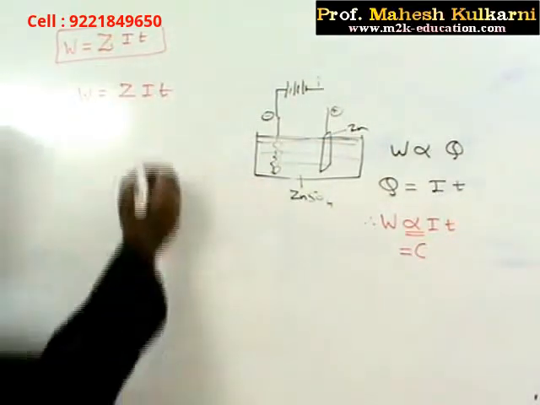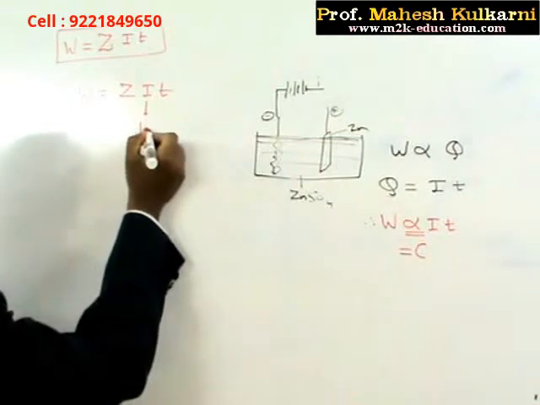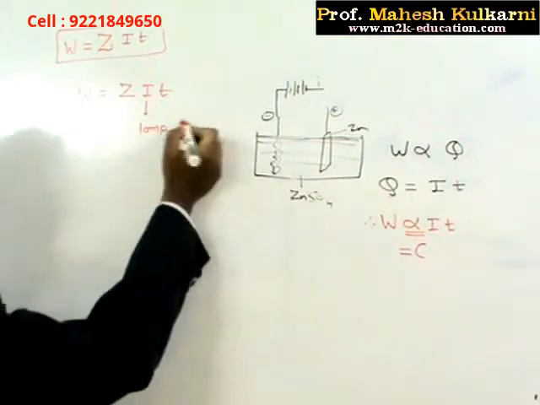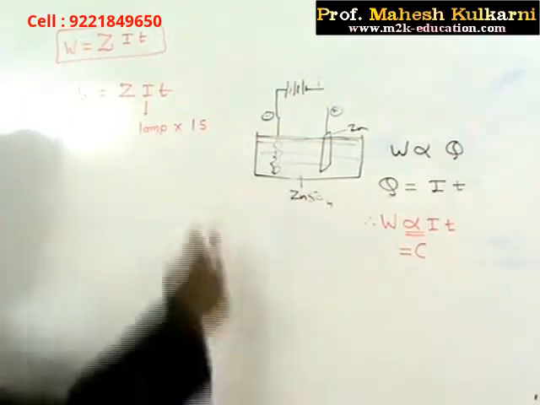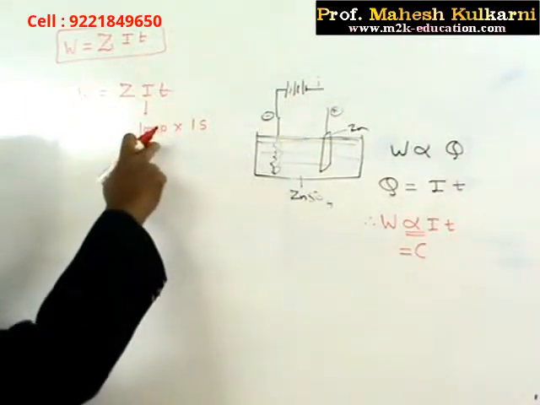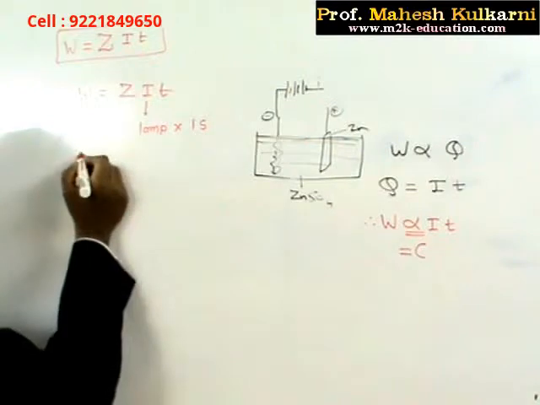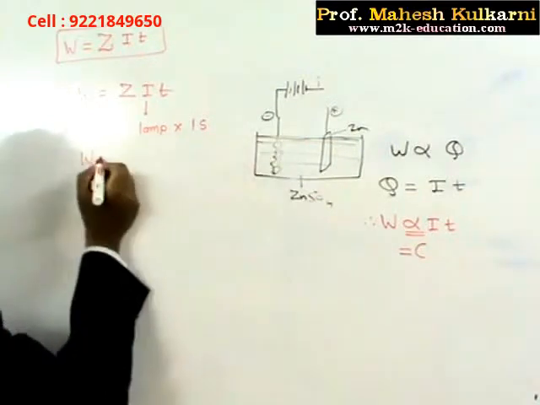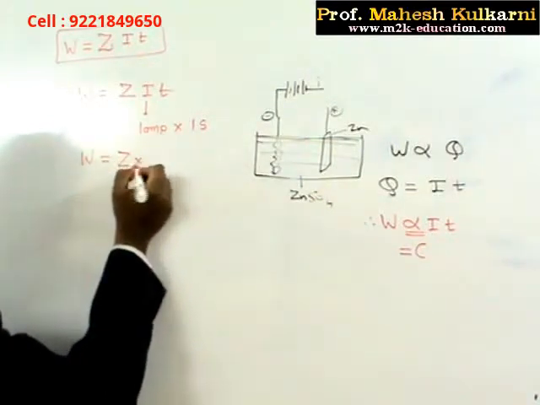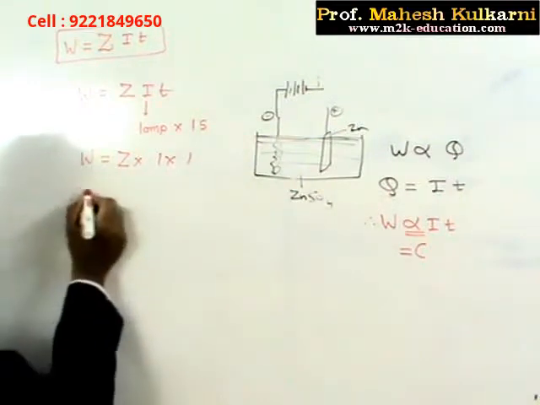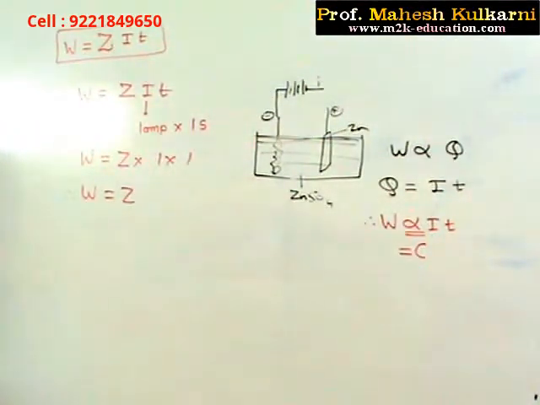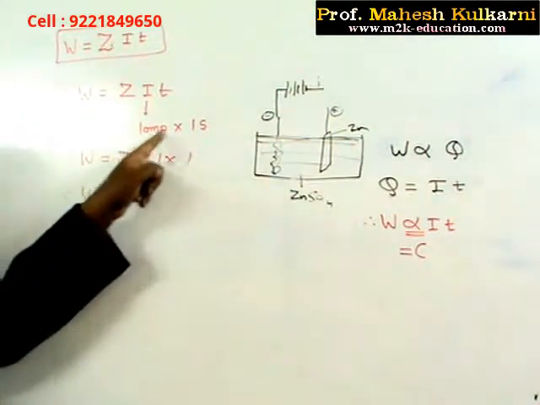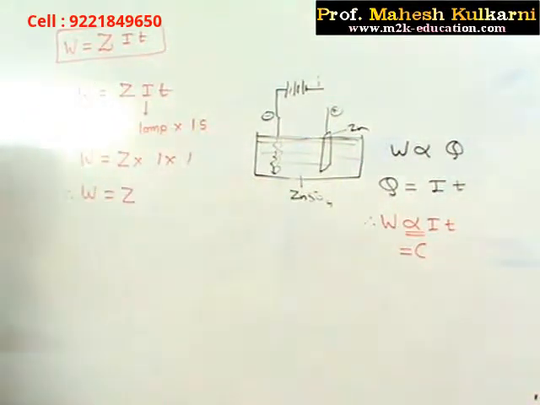Now it's obvious that if I am using a current of 1 ampere for 1 second, then whatever weight of substance is deposited on the cathode is equal to Z into 1 into 1. Therefore W will be equal to Z when the current is 1 ampere and it is used for 1 second.